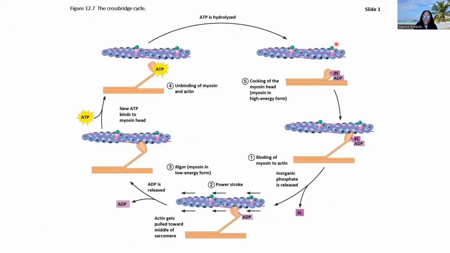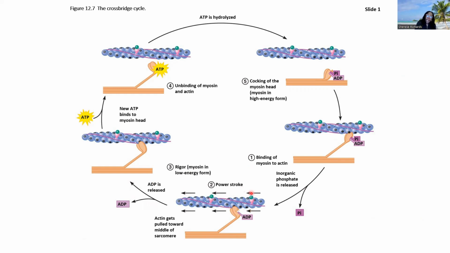So this is another important aspect that hopefully you reviewed, basically thinking about the cycle here of how that shortening takes place, how the two states of the myosin heads are allowing for binding to actin, dragging actin towards the M line, an event that we refer to as the power stroke.